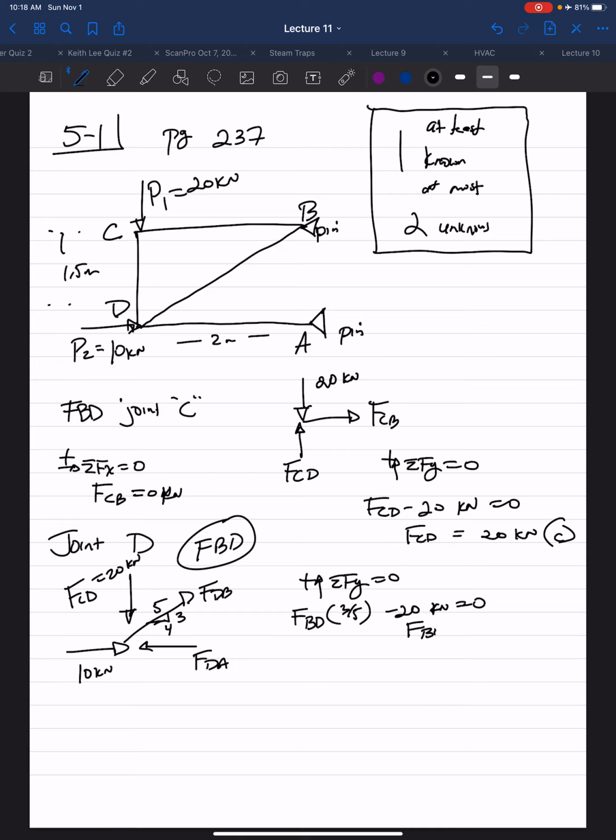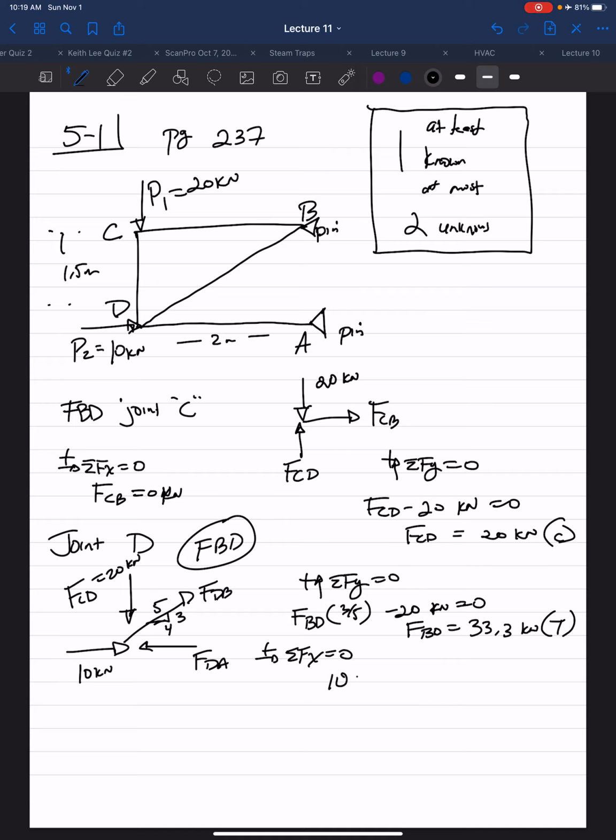So FBD is 33.3 kilonewtons, and it's pulling, so it's in tension. If I take my forces in the X direction, we now know FDB, so there's one unknown left, FAD.